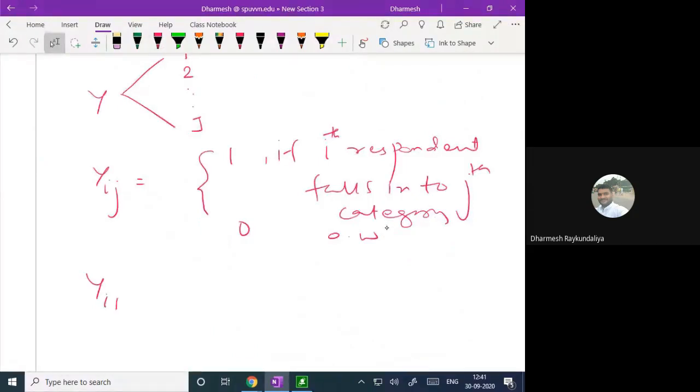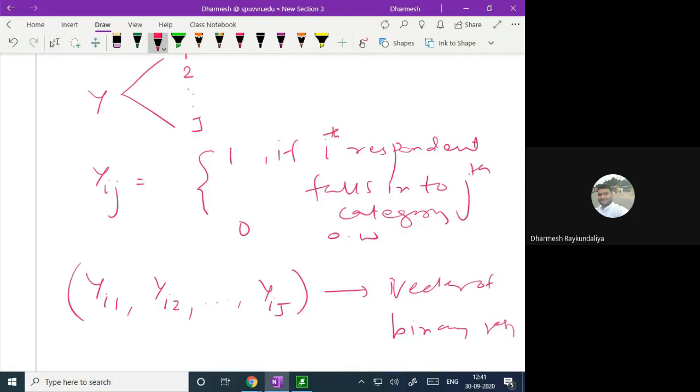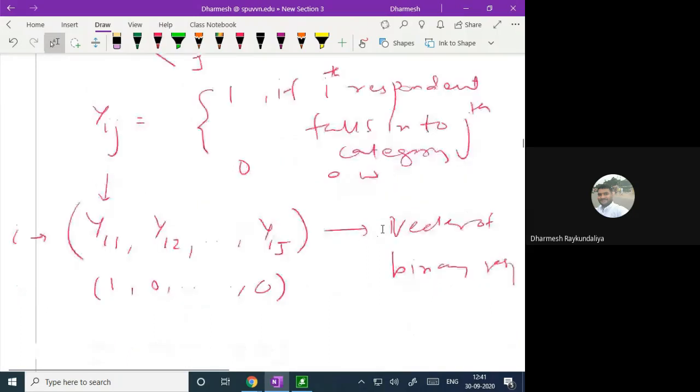So y_i1, y_i2, up to y_iJ, they are taking the binary response. This is the vector of binary response. Suppose you are talking about the ith subject, if the ith subject falls into the first category, then y_i1 takes value 1, and the rest of them are 0.